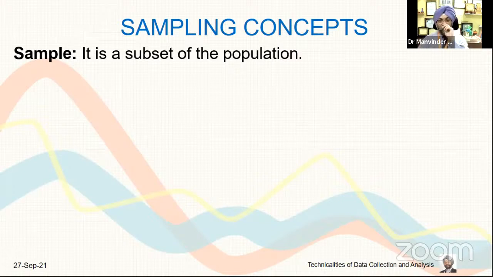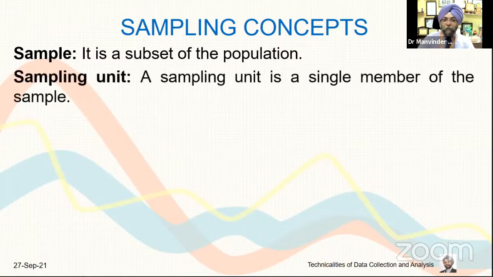Okay, so what is a sampling unit? The sampling unit is a single member of a sample, right? Each and every person who has been selected as part of the sample will be the sampling unit.